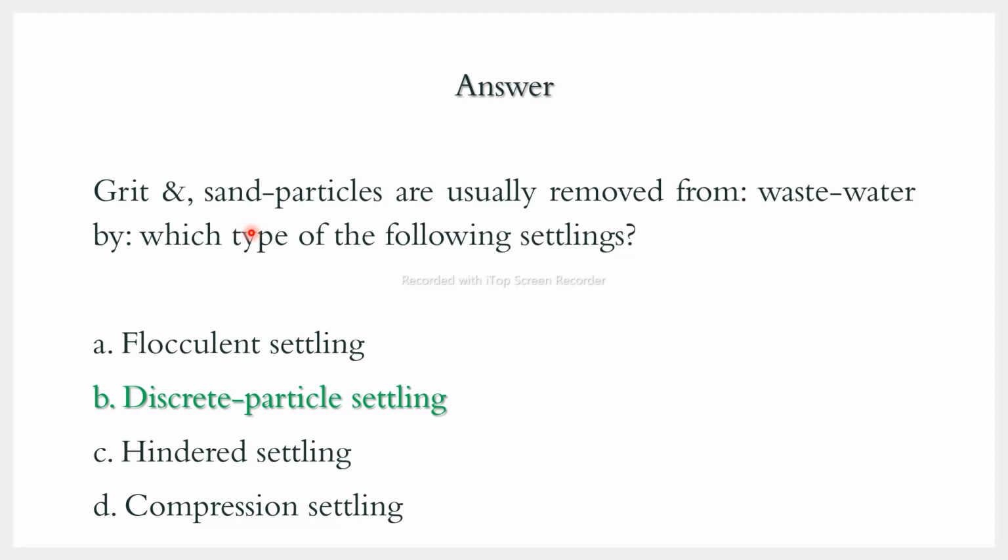And eta is nothing but mu, that is the viscosity of the water, and V is the terminal settling velocity. So 6 pi eta R V, or 3 pi mu d V, this you have to remember, because this is a very important concept for solving further problems.